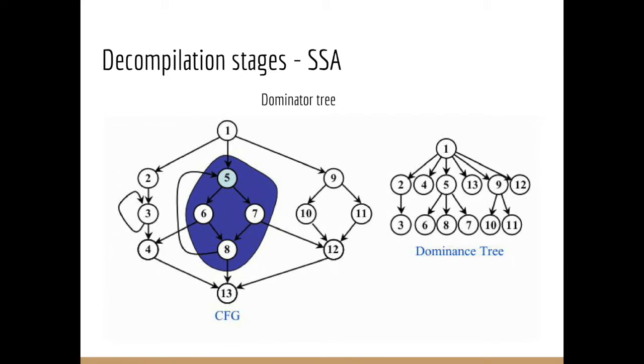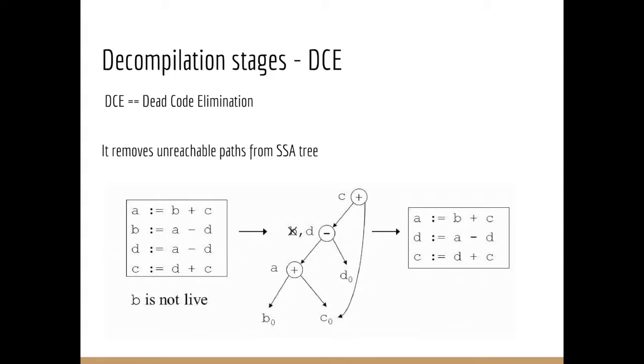It's easier to understand on the next example, because this dominance tree is important for code elimination and variable names. For example, we have four equations: a equals b plus c, b equals a minus d, c equals a minus d, and c equals c plus d.